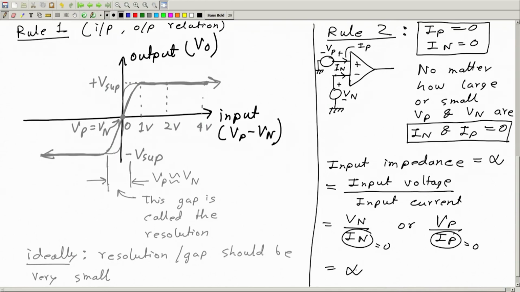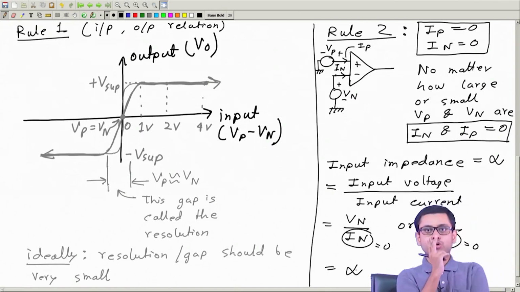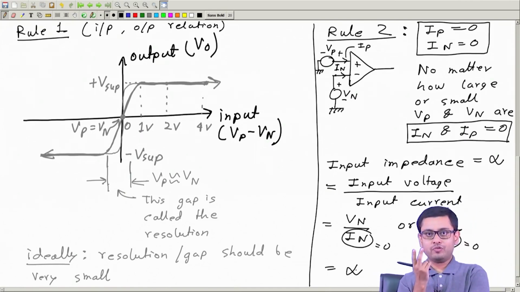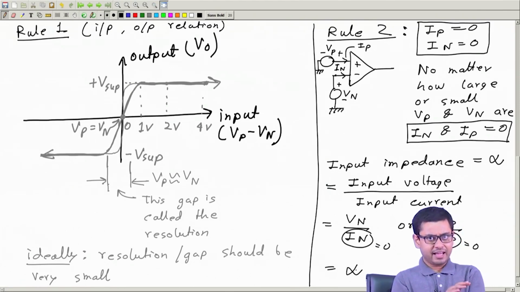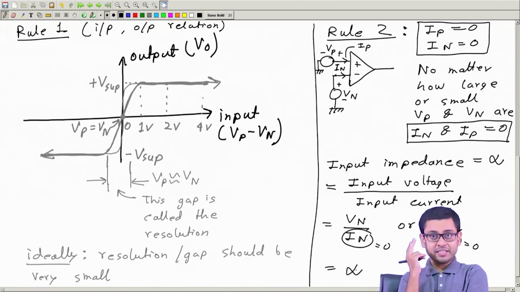These are the two rules about an op amp that one should remember, and with only these two rules one can solve almost any problem involving an op amp. One can analyze any op amp based circuit using only these two rules. What are these two rules?